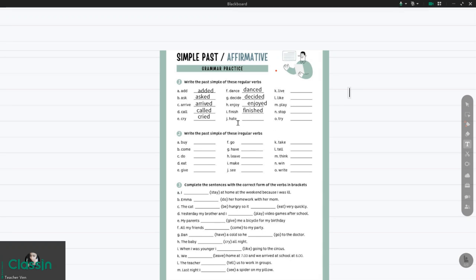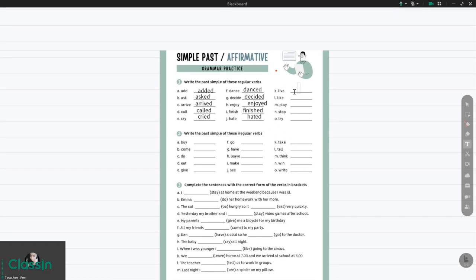Moving on to our next word, which is hate. Okay, so we are to add d, right? Which is hated. Perfect. Very good. Okay, so let's move it here. Again, I want you to see the spelling. So let's make sure that you can see the spelling as well. Okay, for our letter K, live.